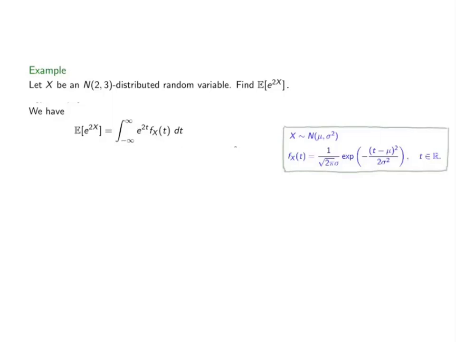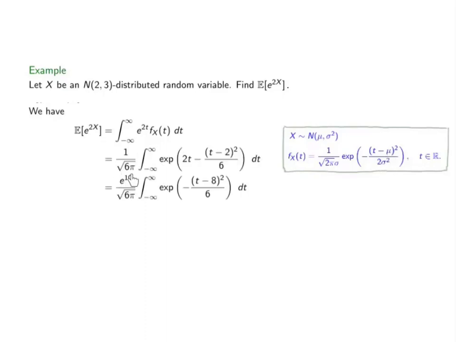Since X is a normally distributed random variable with mean 2 and variance 3, according to this formula, this is square root 3, this is 3, and this is 2. So we have the following formula, and e to the power 2t is in this exponent.